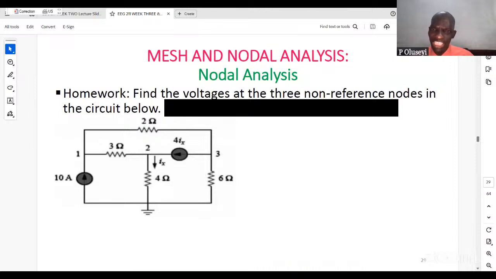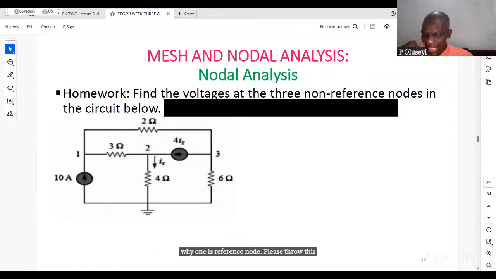Find the voltages at the three non-reference nodes. Here we have 4 nodes, but 3 are non-reference nodes. Why is 1 the reference node? Please draw this in the next 2 minutes. My time is up for your lecture. This is where we will start from next lecture.